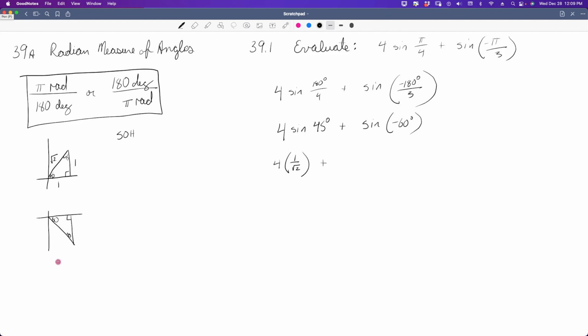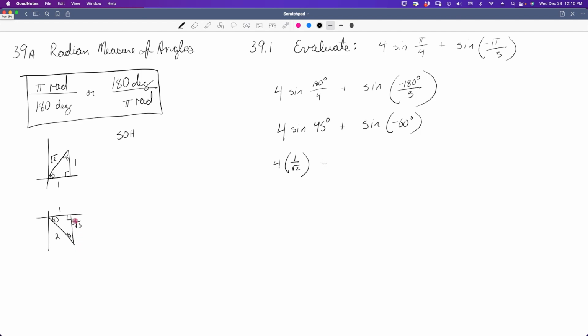So that means that we have a hypotenuse of 2 and we have square root of 3 here, and this is a 1. Okay, and this is going to be a negative square root of 3 because it is below the x-axis in that fourth quadrant.